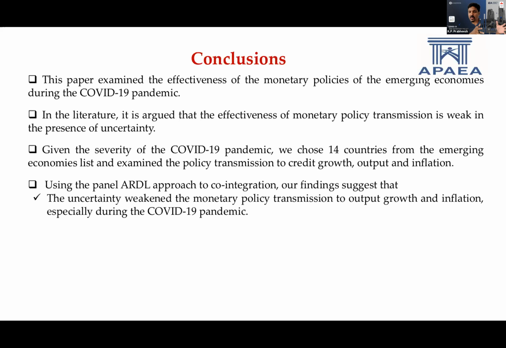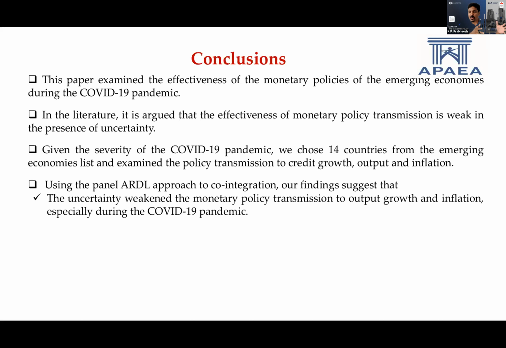The weak monetary policy transmission reveals that agents follow a wait-and-see approach during periods of high uncertainty. However, the relatively strong response of credit during the pandemic could be due to the quick response of credit, as compared to real factors, to the policy.